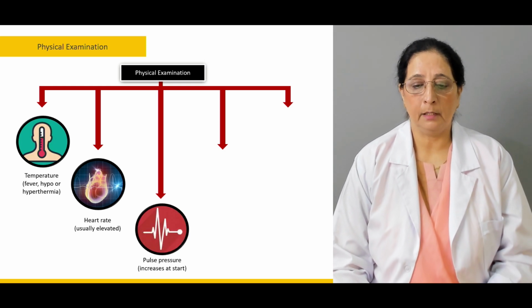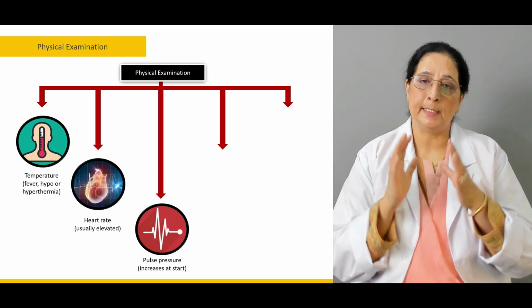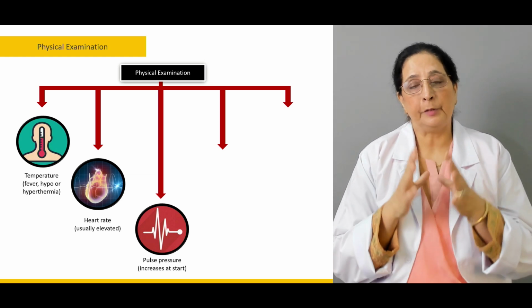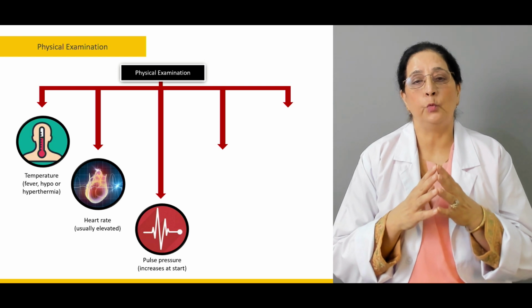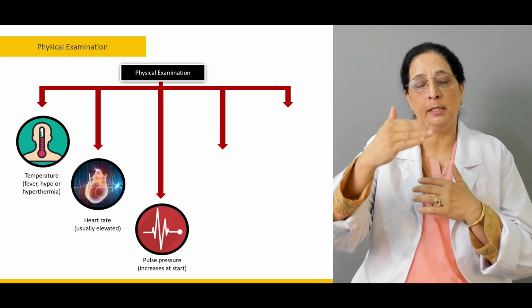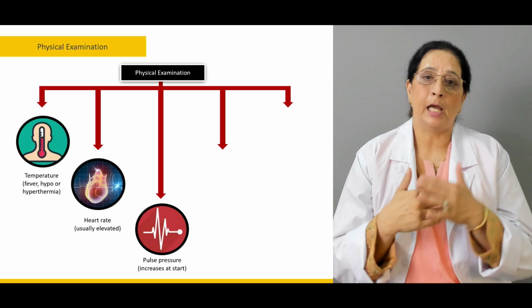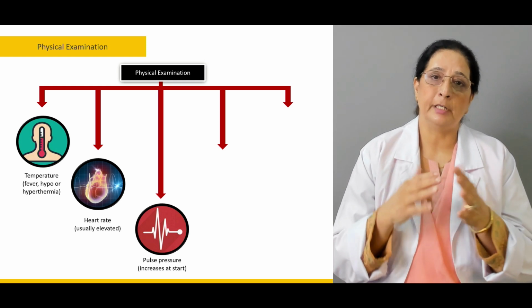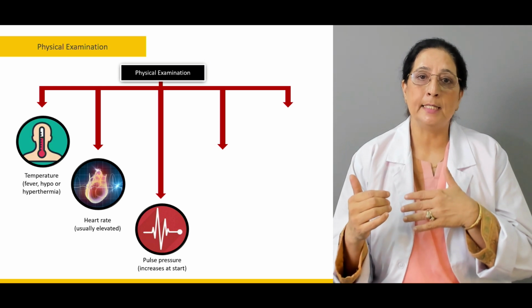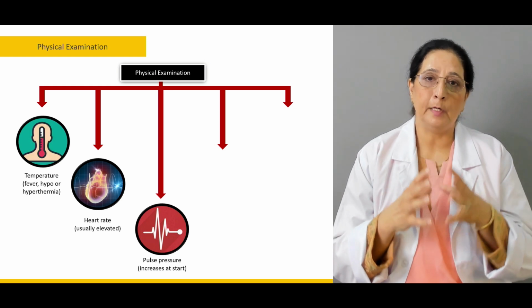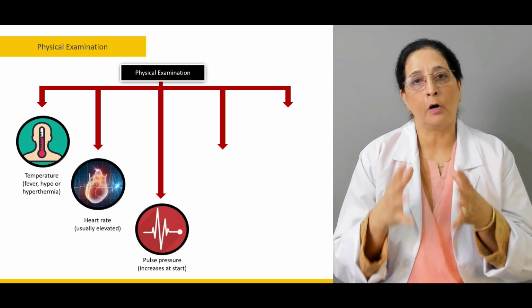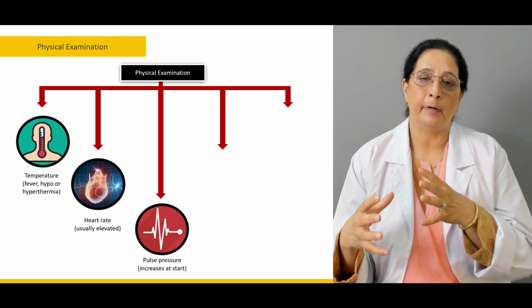Then we have pulse pressure. Pulse pressure is increased at the start. Pulse pressure is the difference between the systolic and diastolic blood pressure. The normal average blood pressure is 120/80, so the normal pulse pressure is the difference between the two, which is 40 millimeters of mercury.